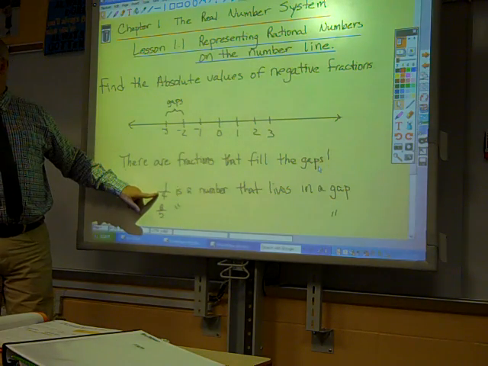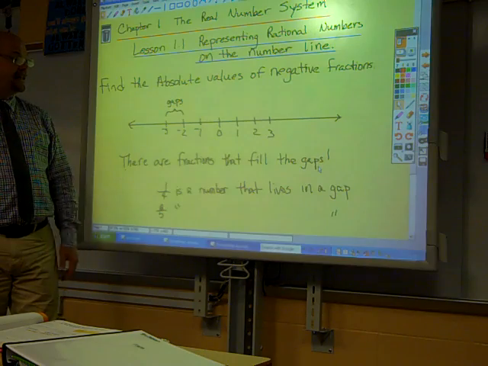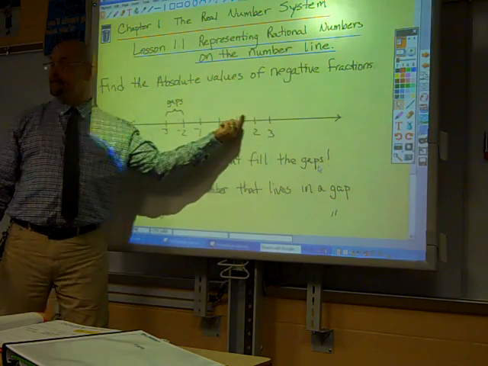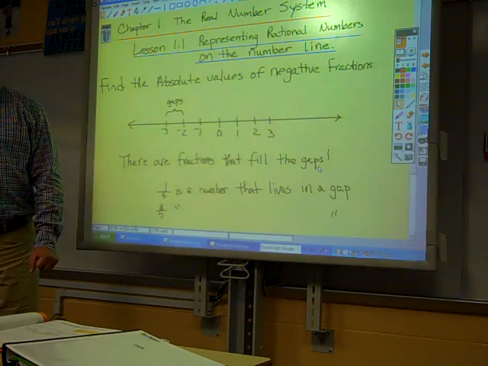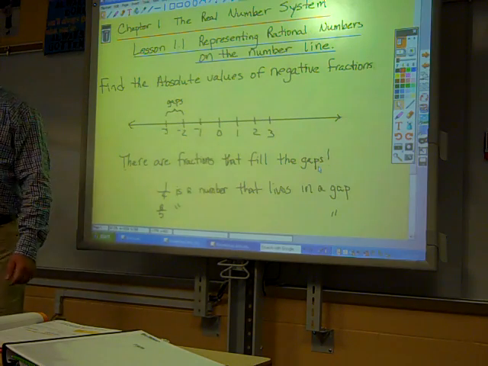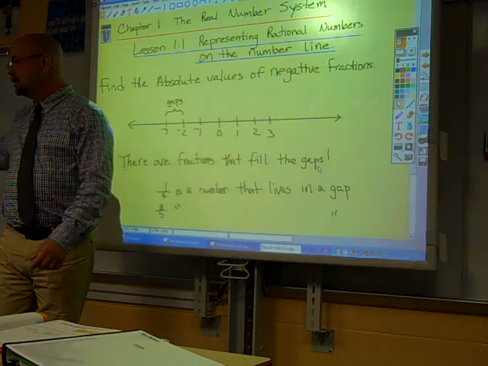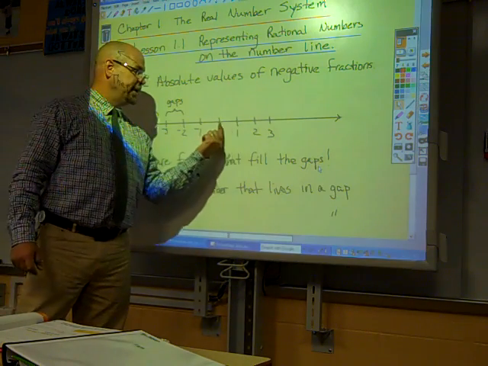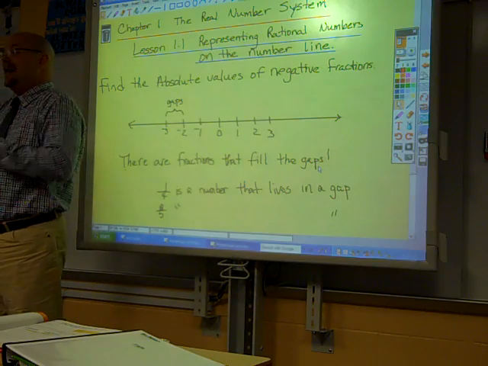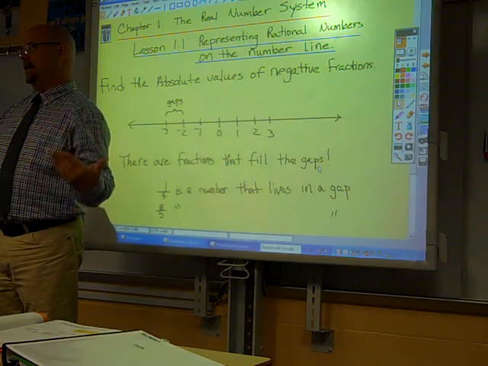For example, 1/4 is a number that lives in one of these gaps. Who can tell me what gap it lives in again? Josh. Between 0 and 1. It lives right in between here. And then how could I figure out exactly where it lives?